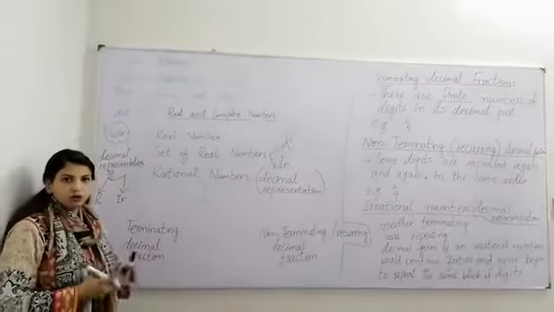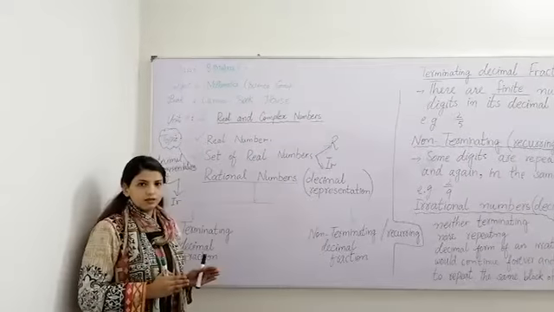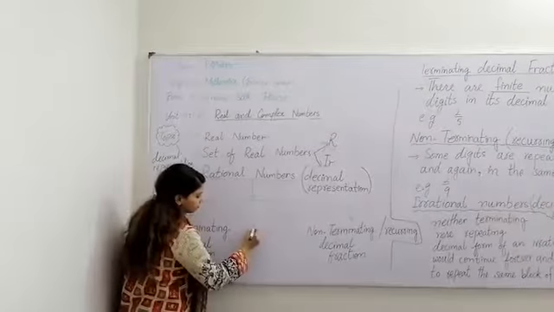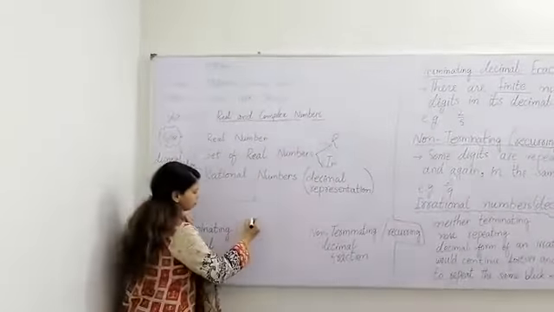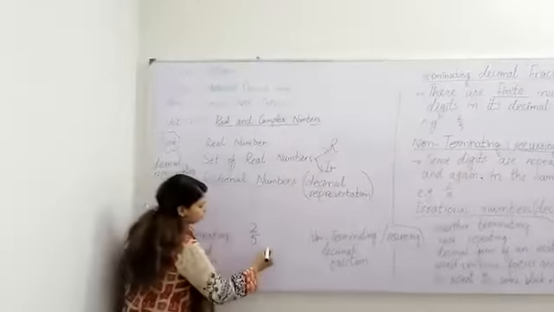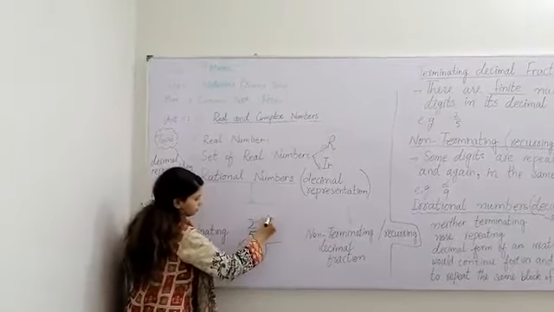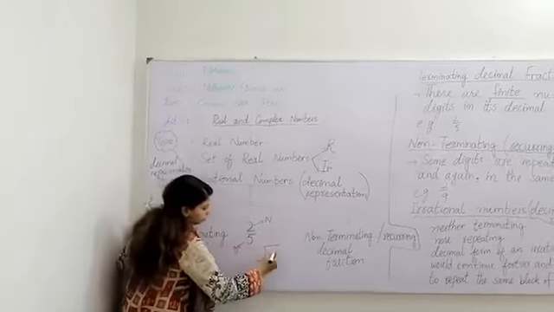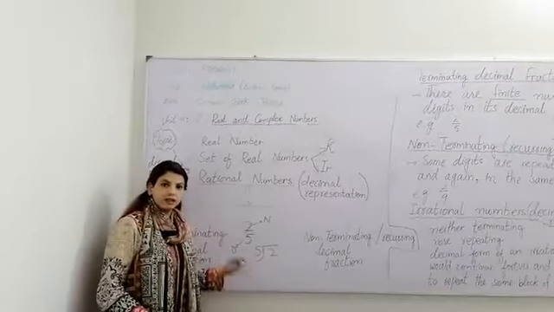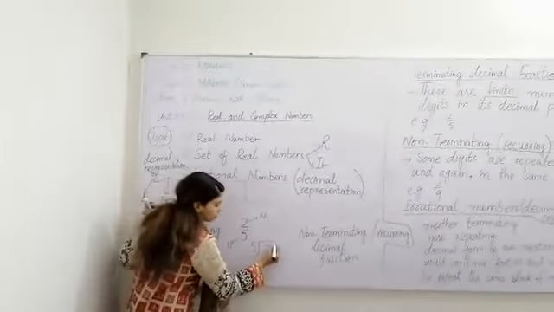What is meant by terminating decimal fraction and non-terminating decimal fraction? Terminating decimal fractions are those in which we have a finite number of digits. Let's suppose you have 2 over 5. This is the numerator and this is the denominator. 2 is smaller than 5, so we place a decimal and put a 0.